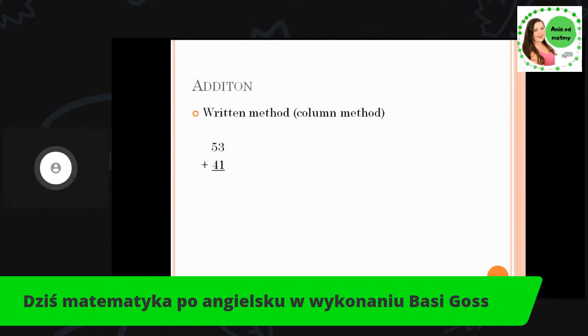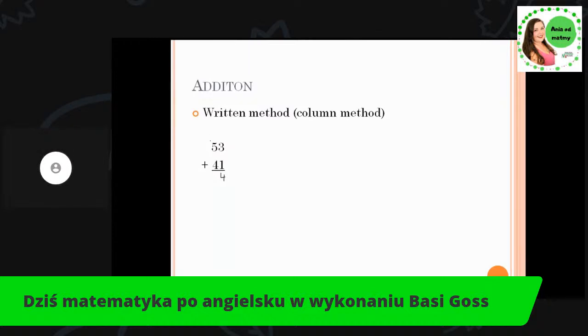Okay, how do we use a written method? In using the written method, we add the digits starting from the right. So we use the units first. 3 plus 1 is 4, and we write 4 in the same column.